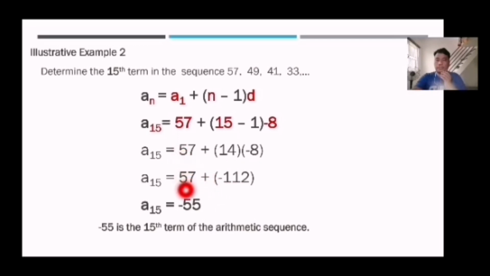Bring down 57. 57 plus negative 112 is negative 55. Okay, so for this question, negative 55 is the 15th term of the arithmetic sequence 57, 49, 41, 33.